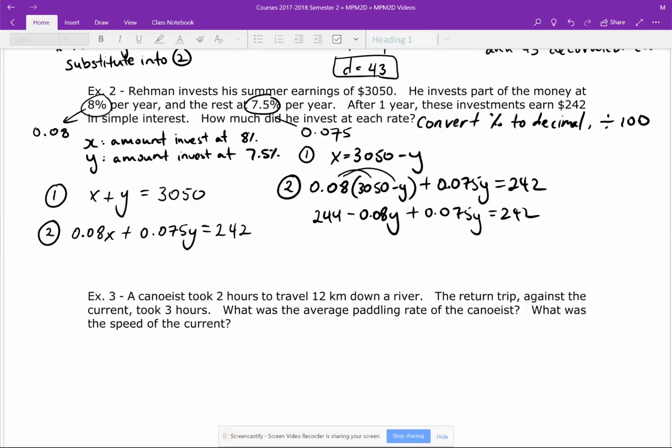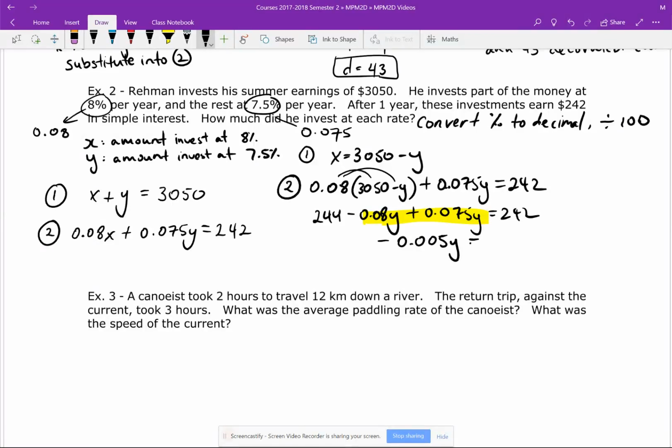Okay, and then if I subtract 242 from both sides and I collect these two like terms, I'm going to get some negative value here, so negative 0.005y equals 242 minus 244, and then I have to simplify that a little bit, so negative 0.005y equals negative 2, and if I divide both sides by negative 0.005, I'll get my answer for y.